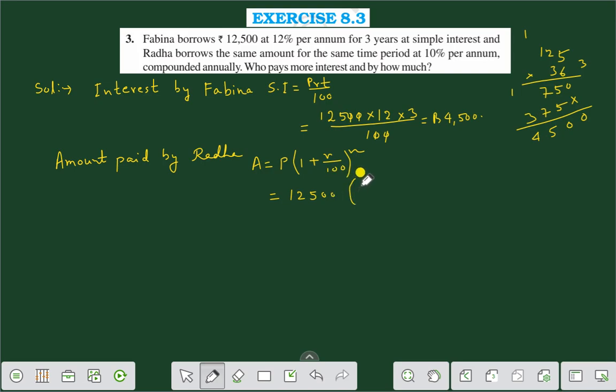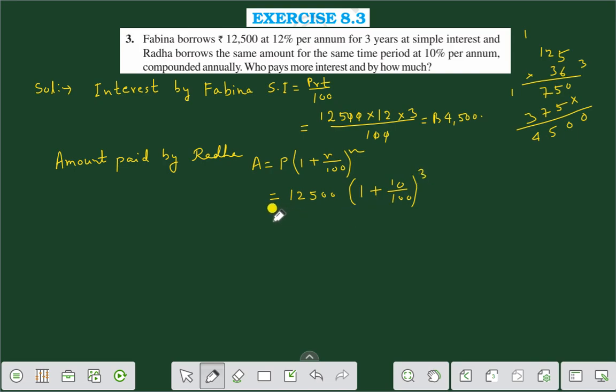R is 10% per annum, that is 10 by 100. And n is for the same period, 3 years, that is n is equal to 3.